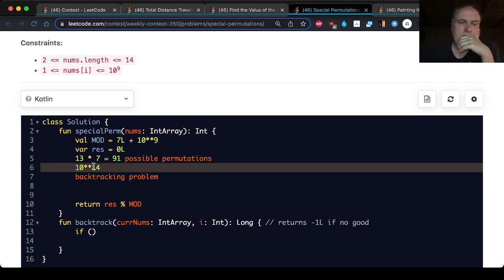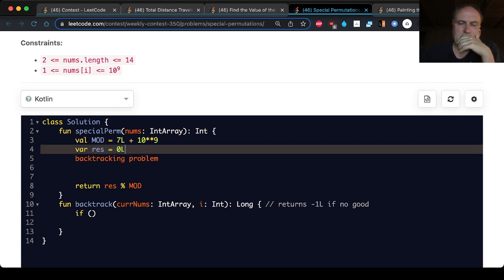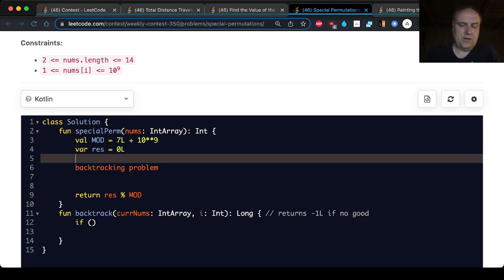So, wait, I don't know. I don't need to count it. So it's a backtracking problem. So I keep track of the current. Or I keep track of a hash map. So I cache all my results in a hash map, and it's going to be int.